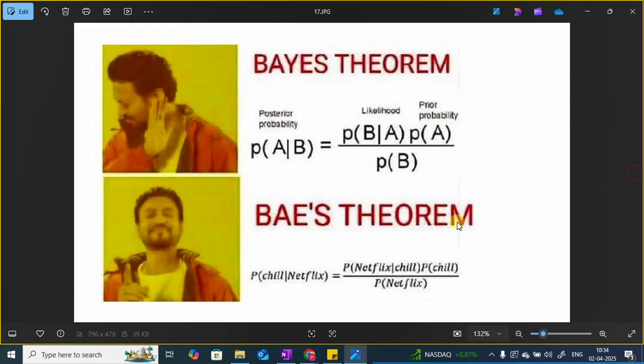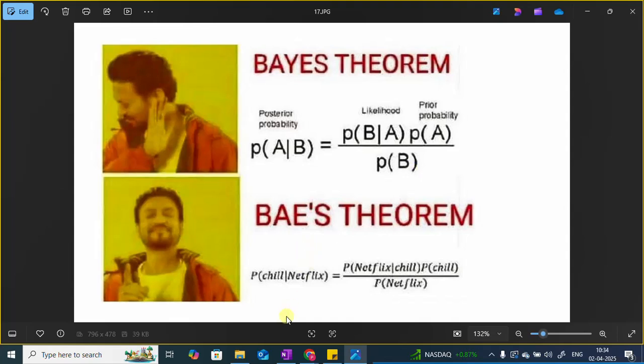Now the next one. This is the formula of Bayes theorem. Generally, the name is called Bayes theorem. It gives the posterior probability. The probability of A given B is nothing but the probability of B given A, just the opposite, times the probability of A, divided by the probability of B. Clear?